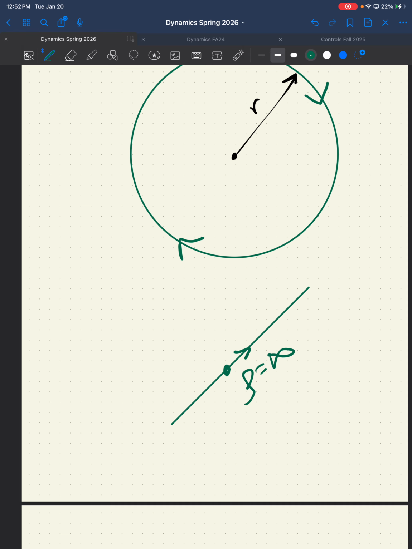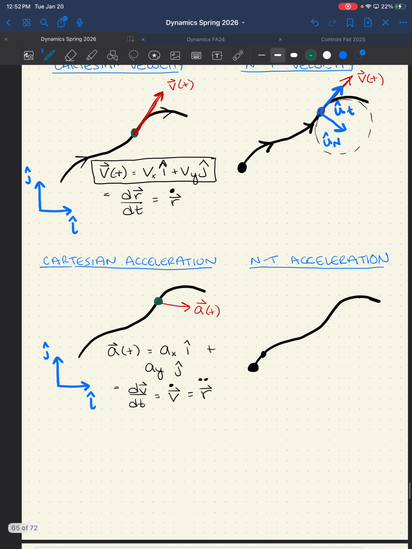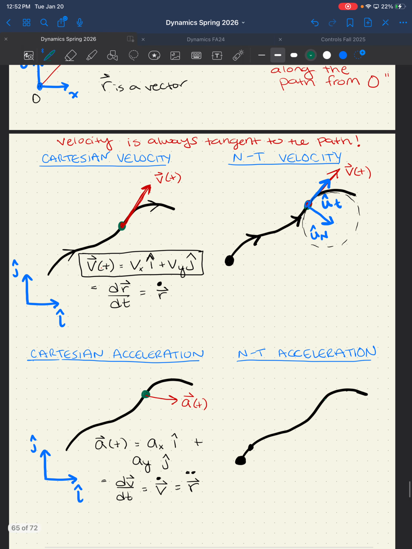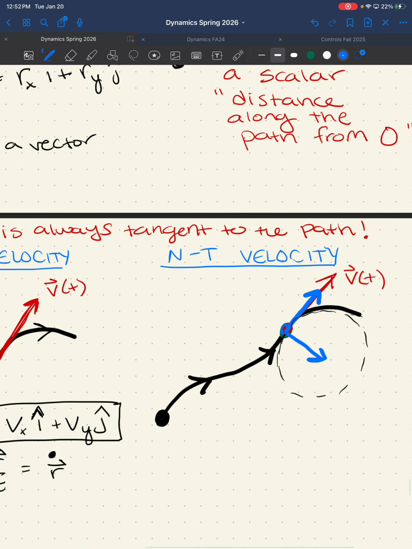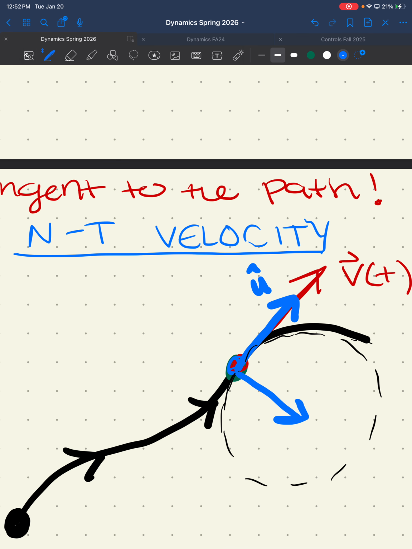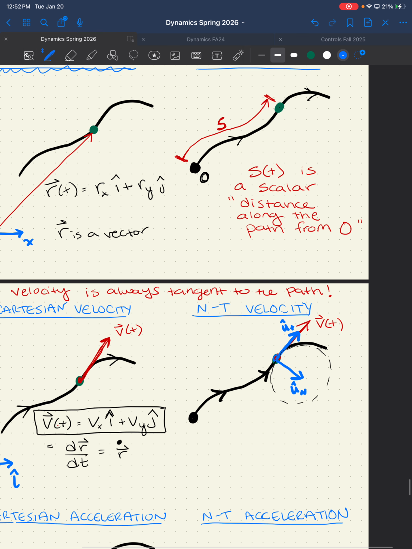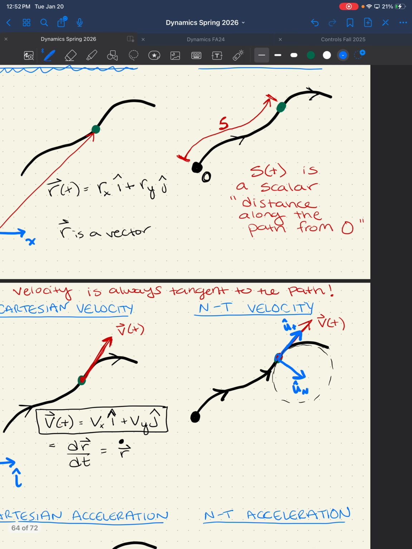Okay, let me clean this up a little bit because these are hard to tell which one they go with. U hat n. Okay, now let's try to write our velocity vector, v of t, in terms of u hat n and u hat t.